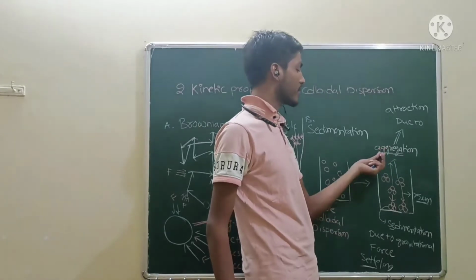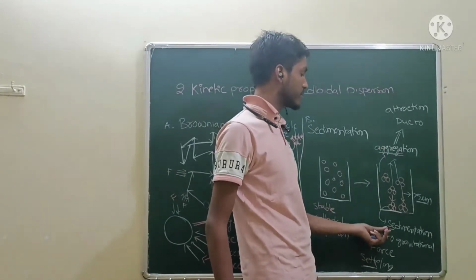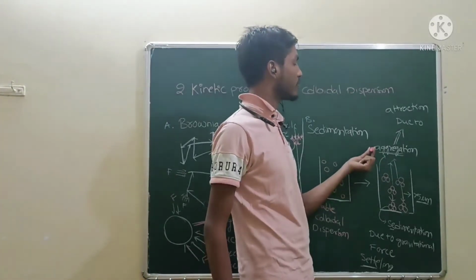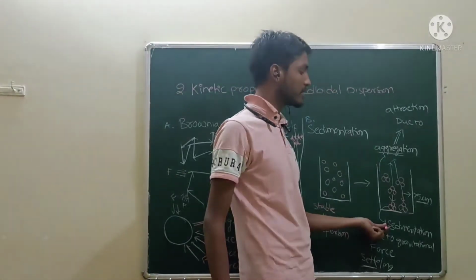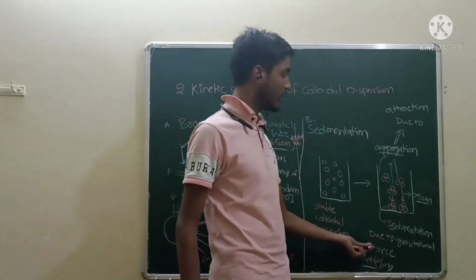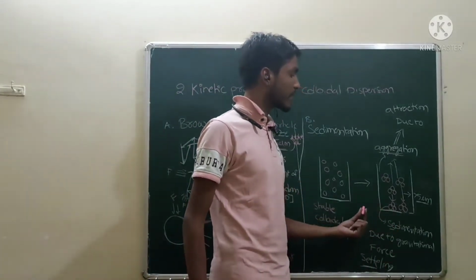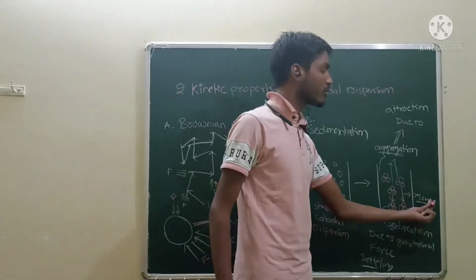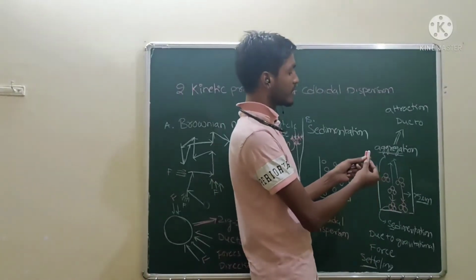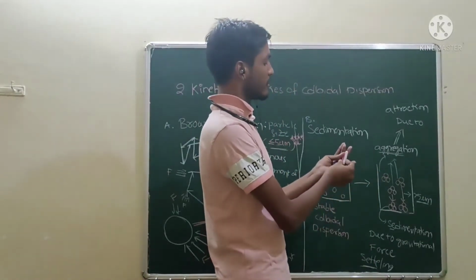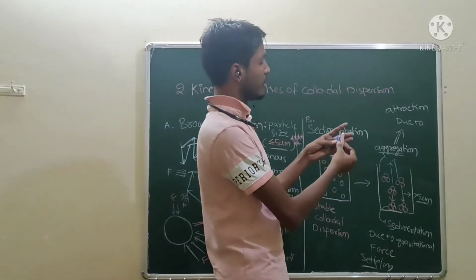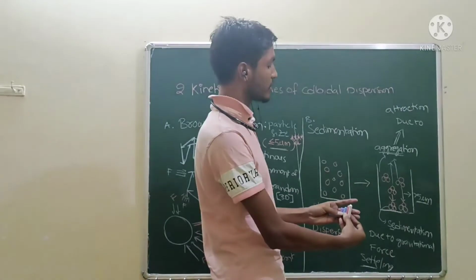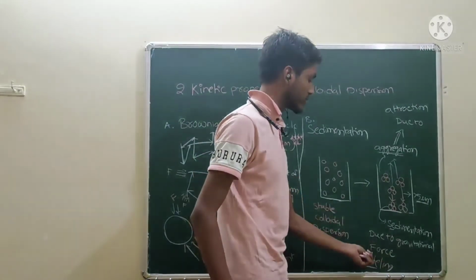But aggregation is different from sedimentation, and sedimentation is different from aggregation. First, there is the formation of aggregation. After the aggregation, there is sedimentation of the particle due to the application of gravitational force on what kind of particle? The particle having size greater than 5 micrometer. When the particle sizes keep increasing and reach greater than 5 micrometer, it leads to sedimentation due to the application of gravitational force.